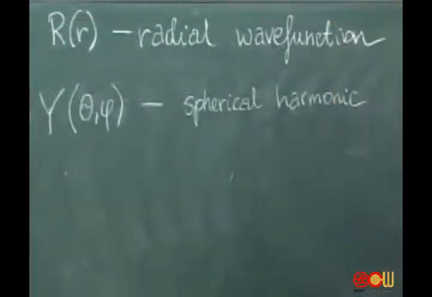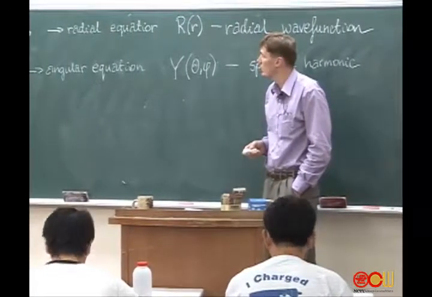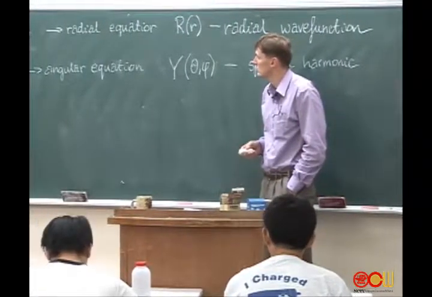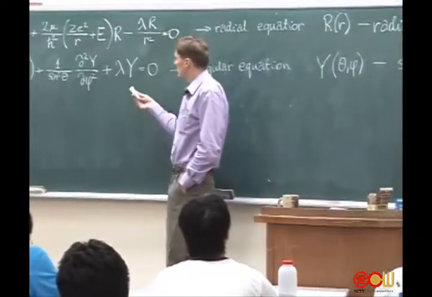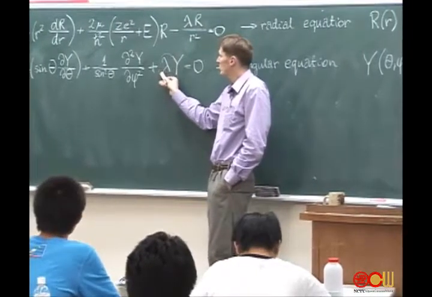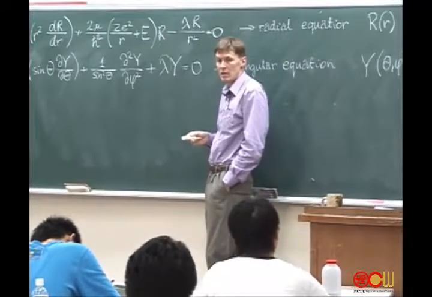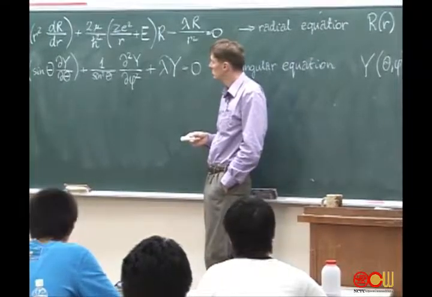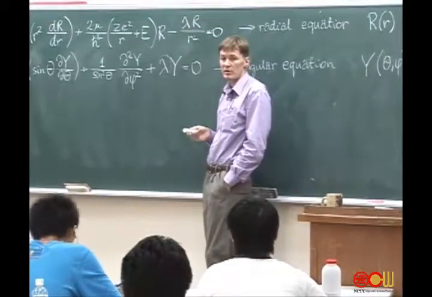Now you probably want to know how these functions Y look like. They are not very complicated. Turns out that the function Y depends on some parameter, lambda. And again, this one also depends on the parameter lambda.